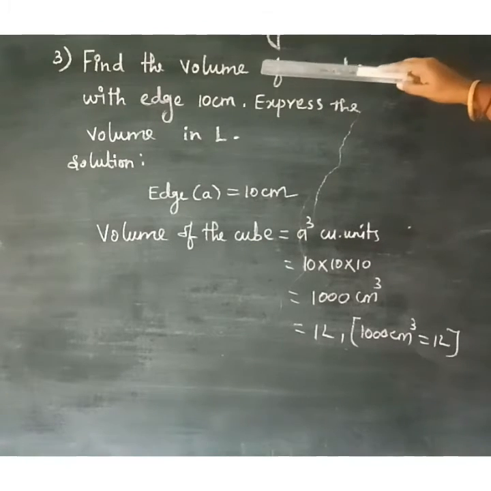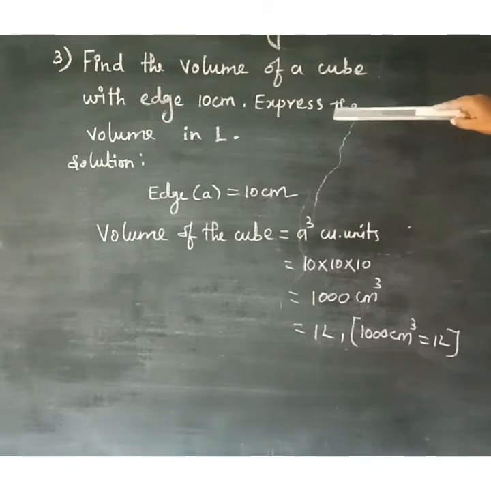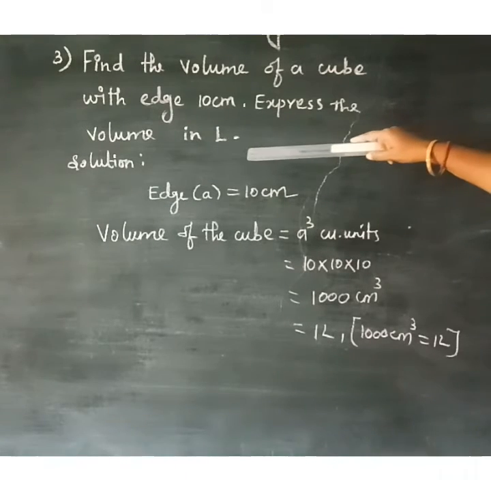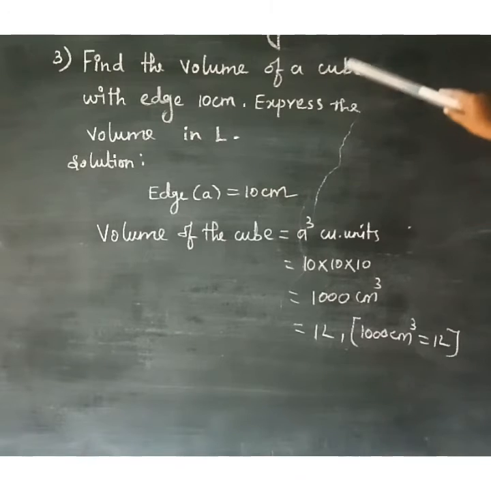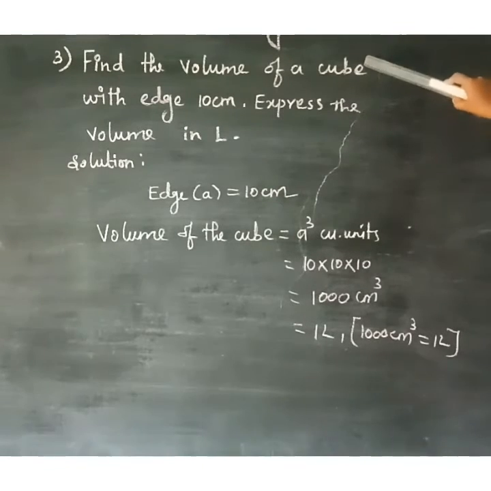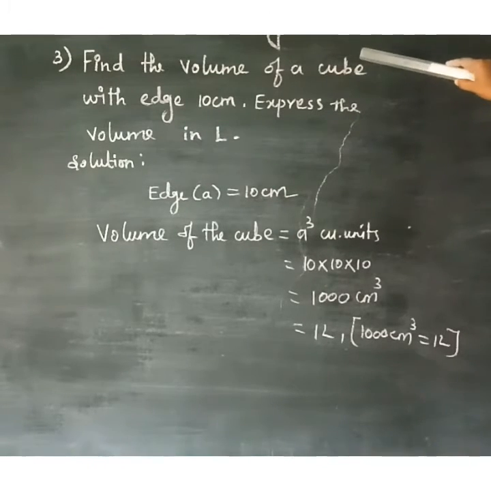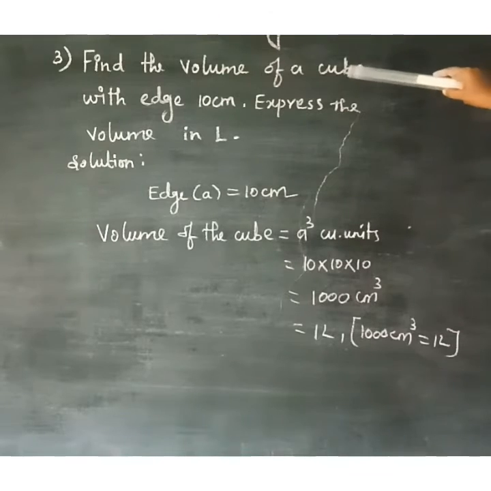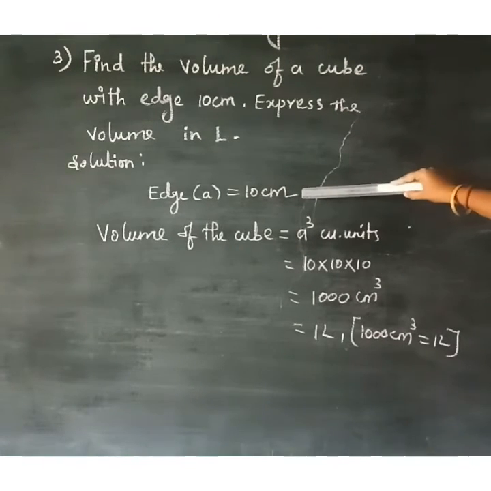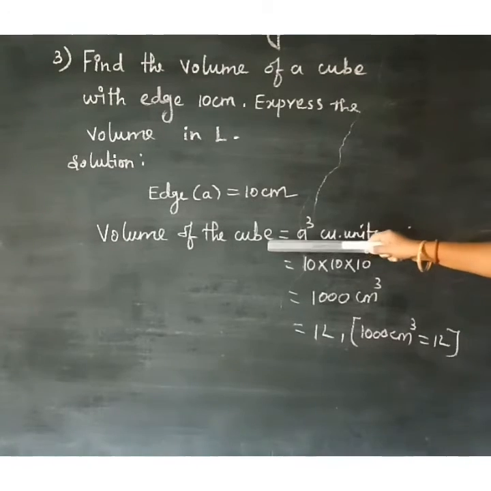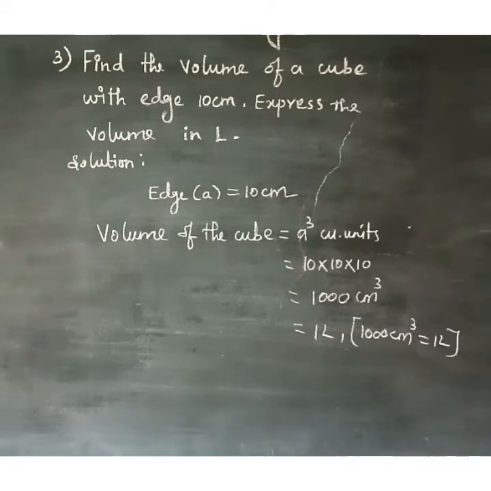Express the volume in liter. So listen, edge of a cube is equal to 10 centimeter. We know that in a cube, length, breadth and height values are equal. So edge of a cube is 10 centimeter. Volume of a cube is equal to a cube cubic units.